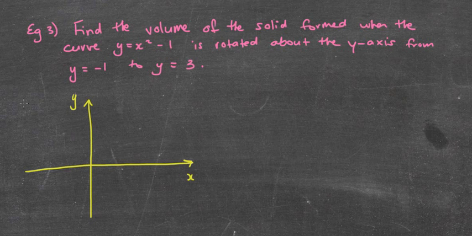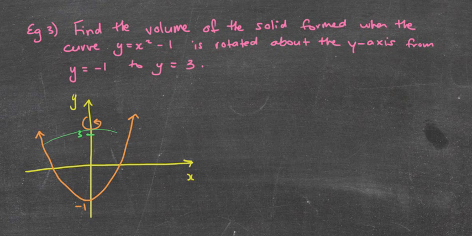So we've got x squared minus 1. Hopefully you recognize that the graph looks something like this. Well, that's negative 1 there. Now, if it's rotating around the y-axis, it means it's spinning around this y-axis here. Let's do negative 1 to positive 3, we'll put 3 here.